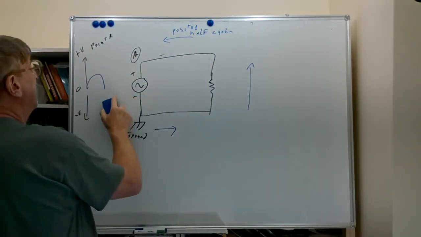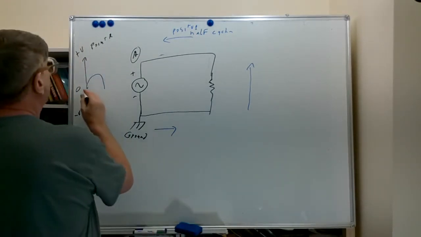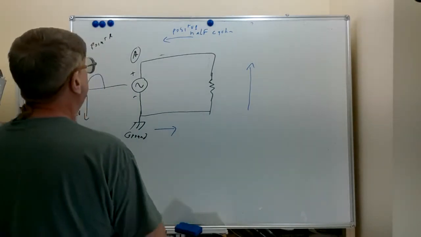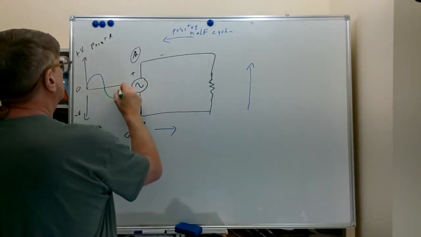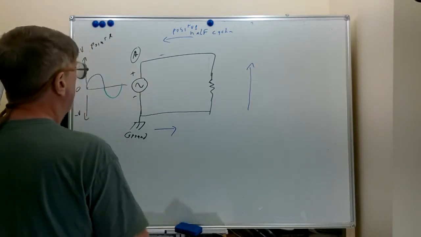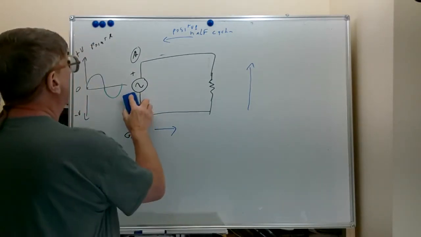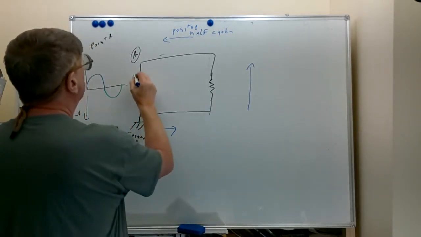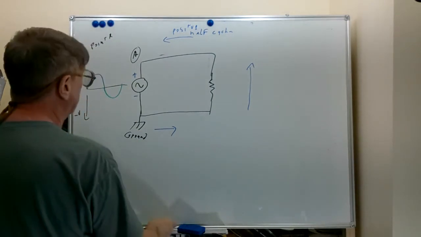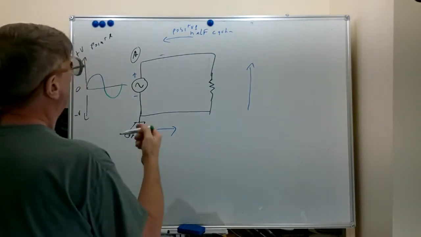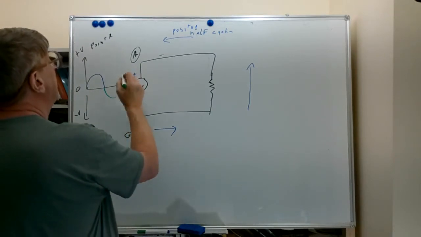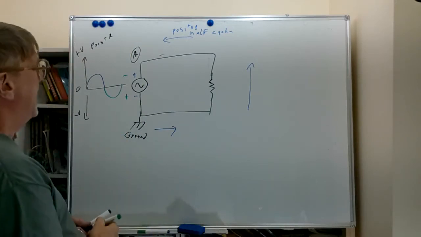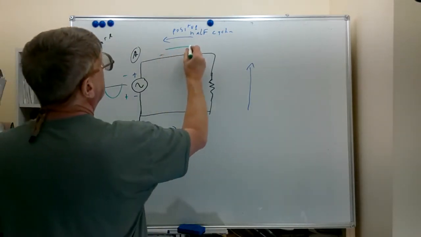Now I'm going to draw the second half of this here voltage waveform in green. And during the green, we will have opposite polarity. We will have positive, negative when we measure at point A relative to ground. Now we will have current flow in the opposite direction.